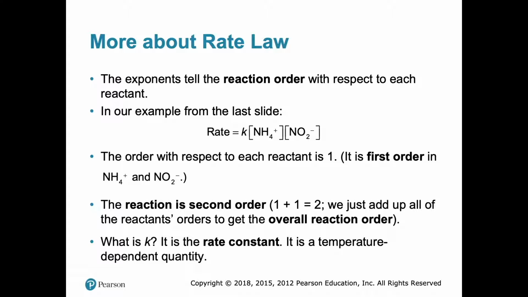Imagine that there's a one up here, and then also there's a one here too, because the reaction with respect to nitrite is also one. Because when you double the concentration of either the nitrite or the ammonia, you get a double in the rate of the reaction. So that's where those ones come from.